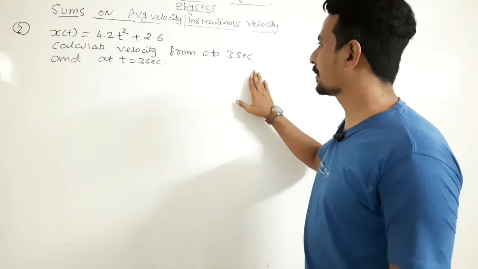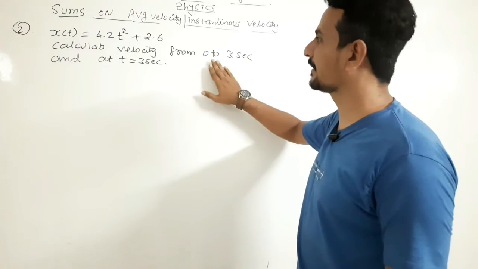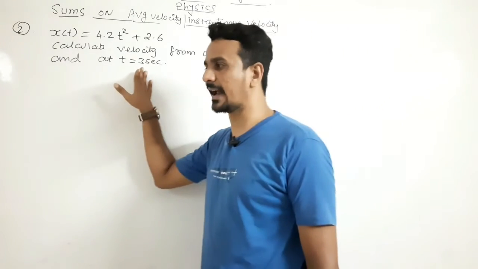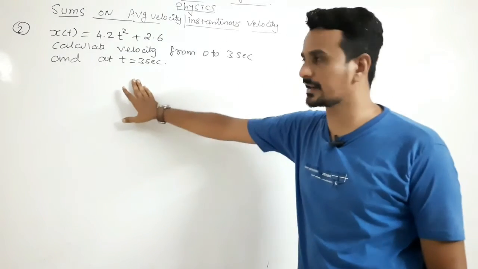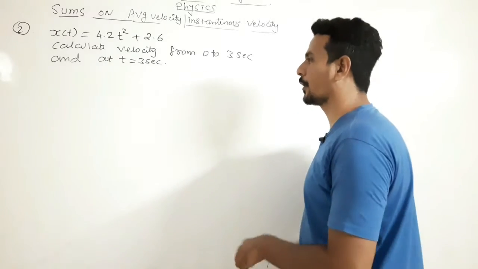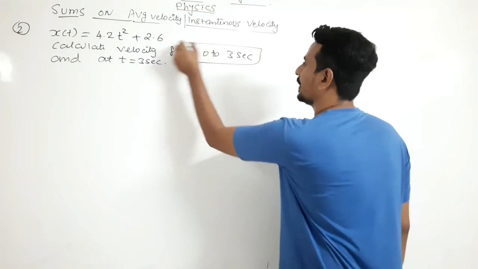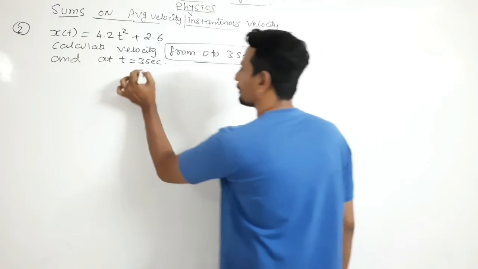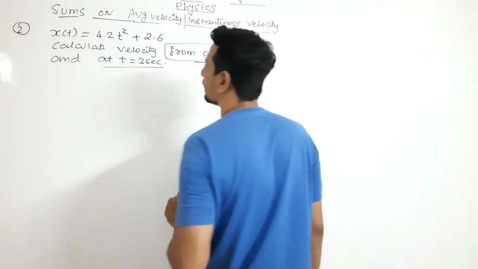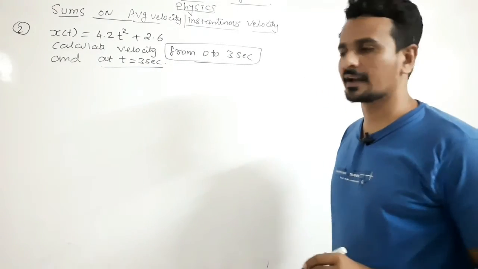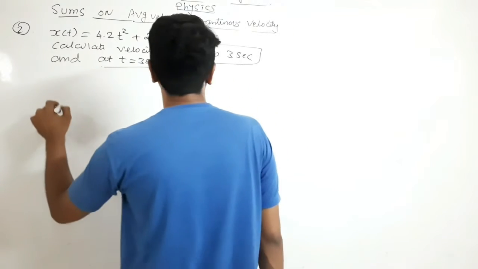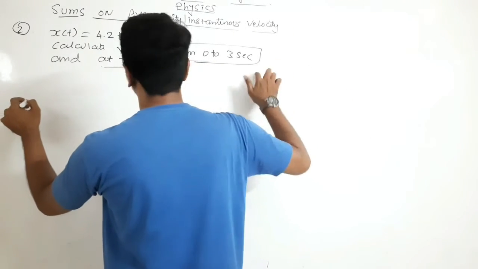So calculating velocity from 0 to 3 seconds, that is the average velocity, and velocity at 3 seconds is the instantaneous velocity, right? For calculating the average velocity, we will not differentiate, and while calculating the instantaneous velocity, we will definitely differentiate, right?